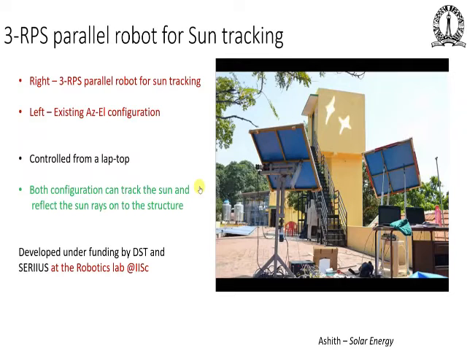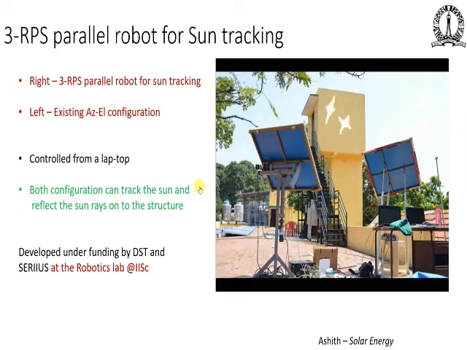The next video is that of a 3 RPS parallel robot which was built in ISC by students for sun tracking. In solar energy, one of the approaches is to use a mirror which can reflect the incident sunbeam onto a receiver.